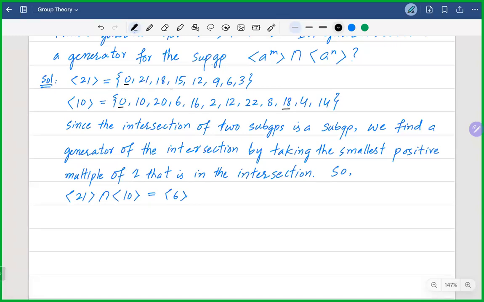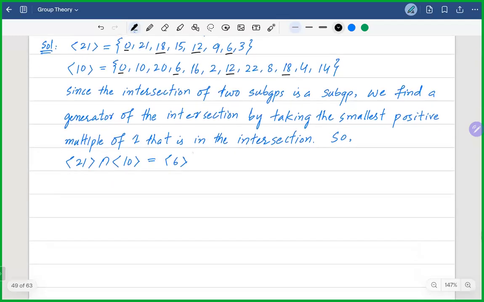There is 12, there is 6, and 18. 15 is not there, 3 is not there, 9 is not there. So this is nothing but 0, 6, 12, 18, and 24 is 0 itself. So this is it.